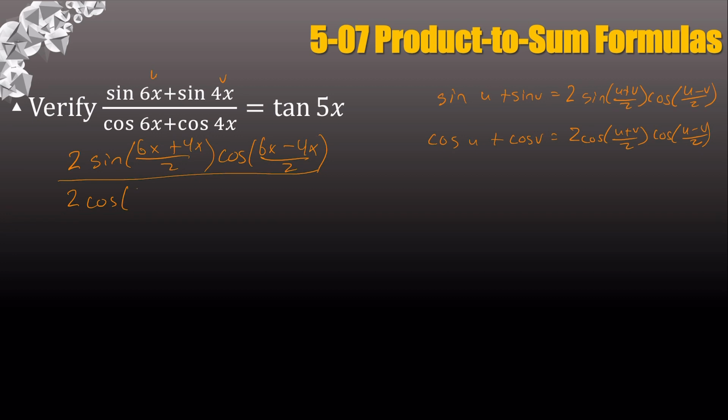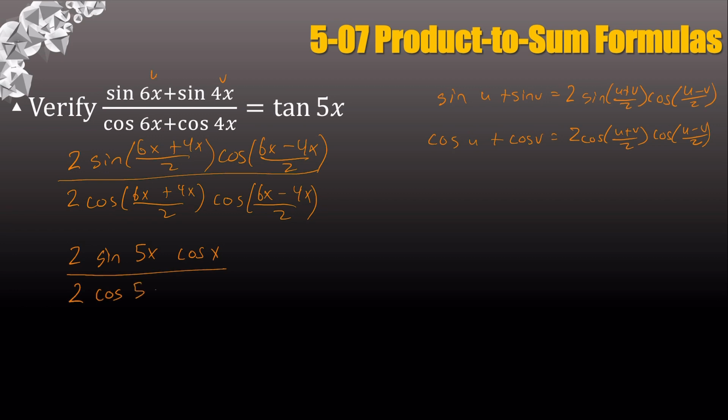So it'll be cosine of 6x plus 4x over 2 cosine of 6x minus 4x over 2. Simplifying, it'll be 10x over 2, which is 5x, and 2x over 2, which is just x. And it would be sine of 5x and cosine of 5x, cosine of x.